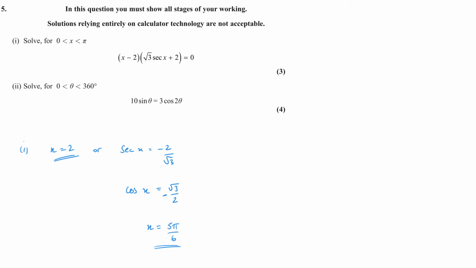Now let's move on to part 2. 10 sine theta minus 3. Now cos 2 theta can be quite a few things. Since we're dealing with sine, 1 minus 2 sine squared theta will be the most appropriate substitution.